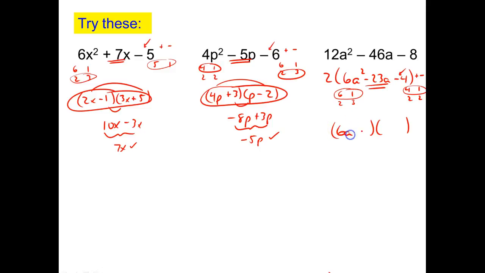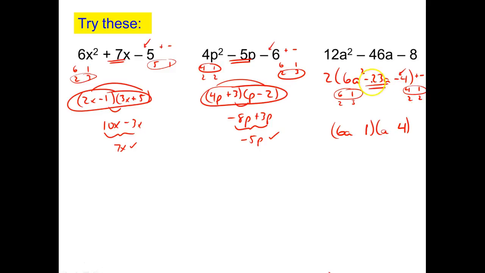Let's go 6a, and it needs to be a 1. So let me get my eraser. That's 6a and a. And in the back, 4 and 1, I want to get close to 23, so let's put the 4 where it will be multiplied with the 6, and the 1 in the other spot.